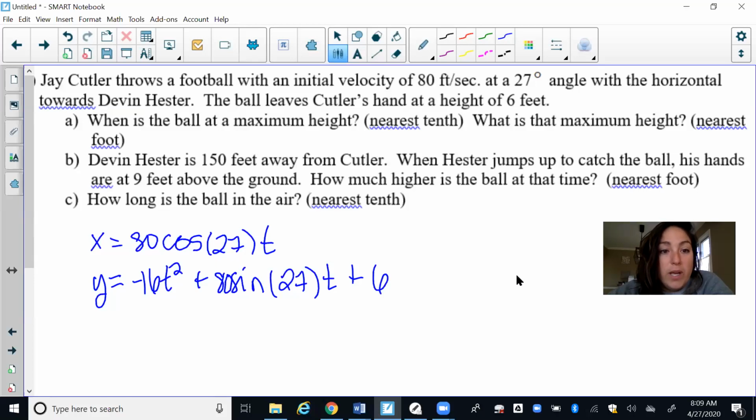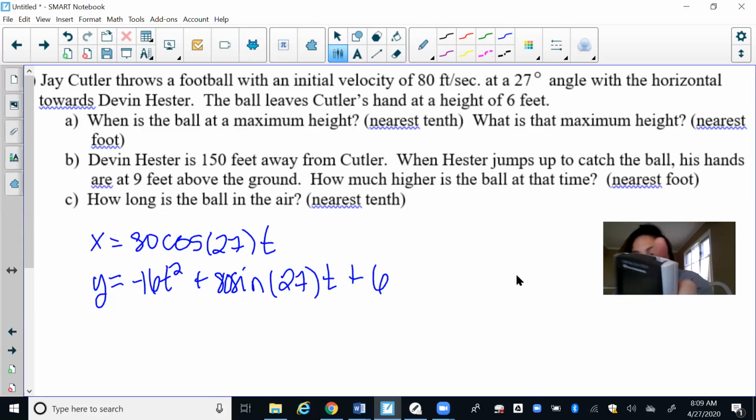So when is the ball at a maximum height? What is the maximum height to the nearest foot? Again, make sure in your mode that parametric is selected and simultaneous graphing is selected. Go to your y equals, and also make sure your calculator is in degrees in your mode as well. Type this in: 80 cosine of 27.